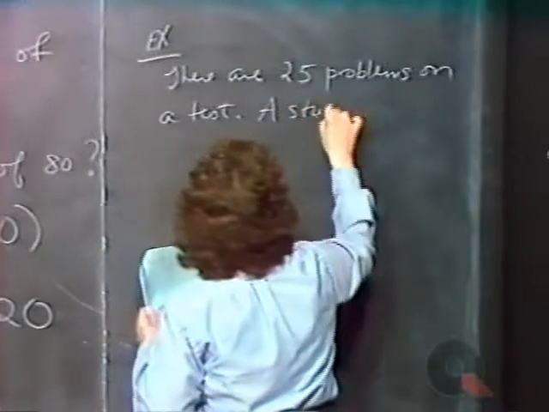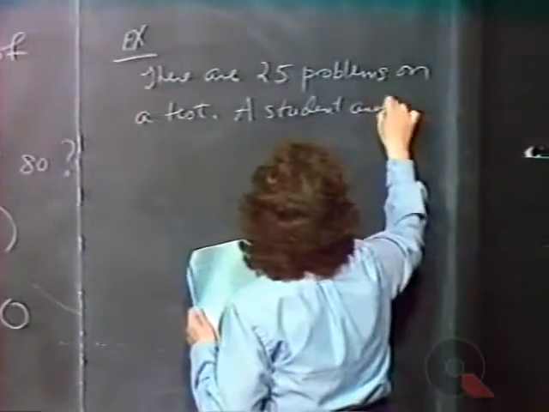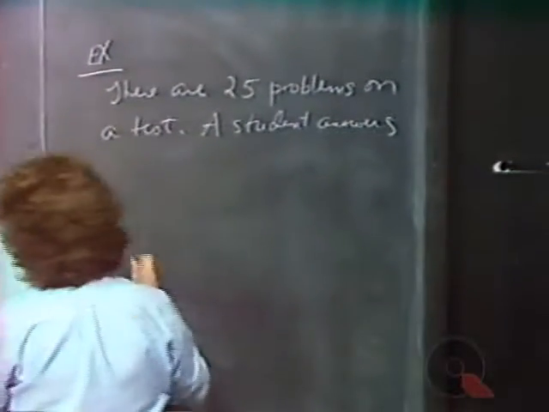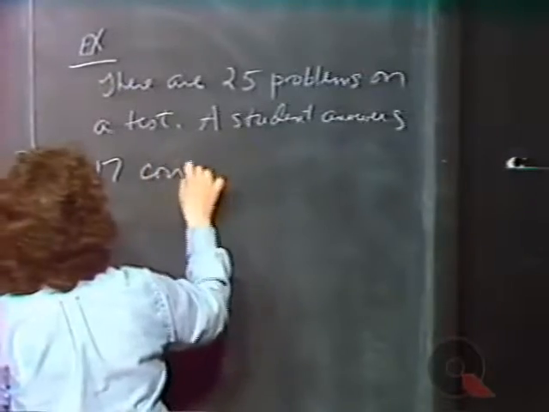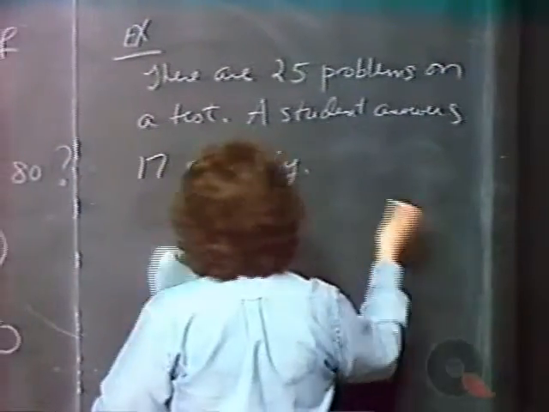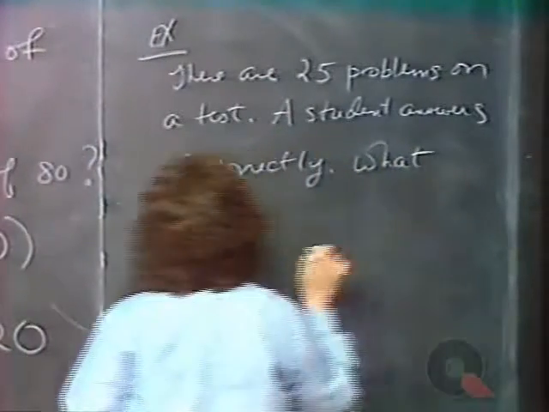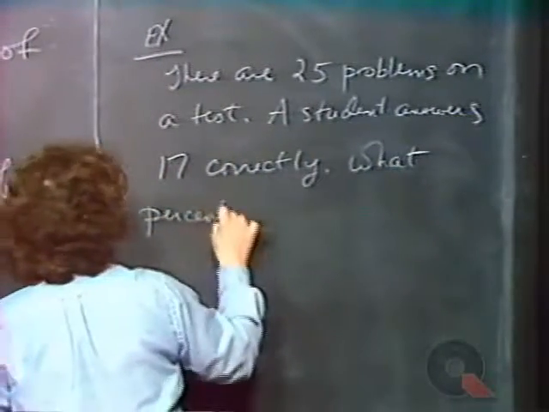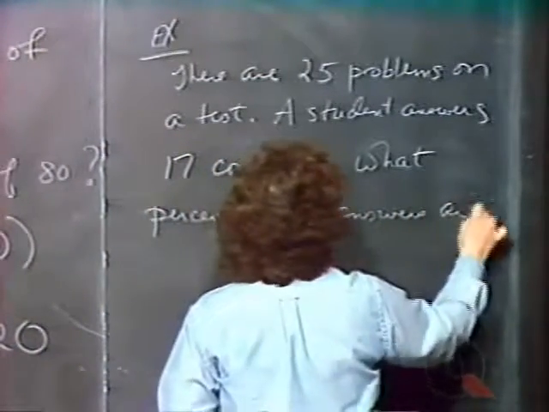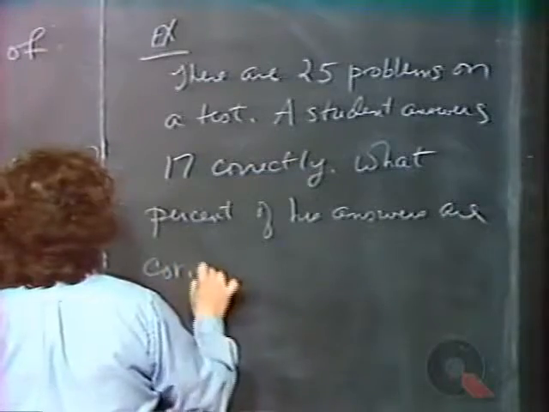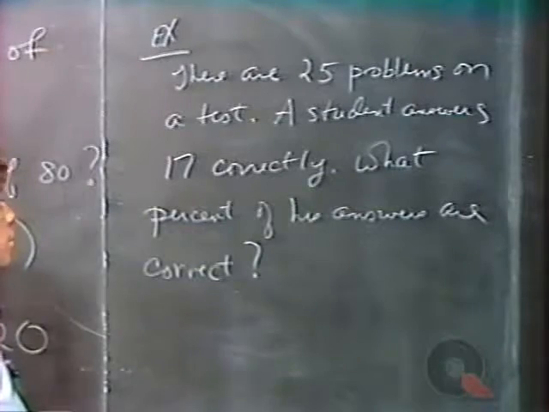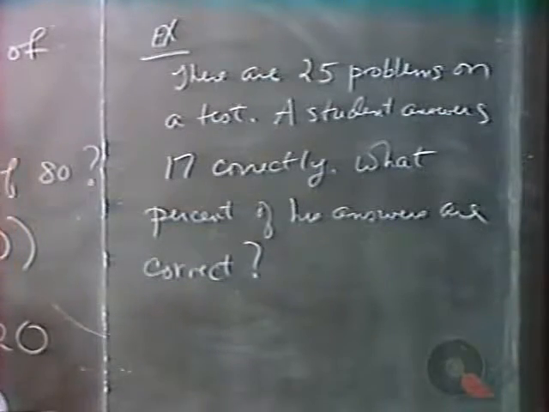A student answers 17 correctly. What percent of his answers are correct? Or they might have said, what score did he receive on the test? The score corresponds to the percent of his answers that are correct.